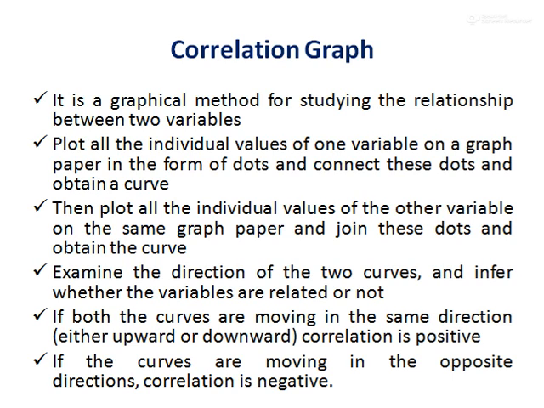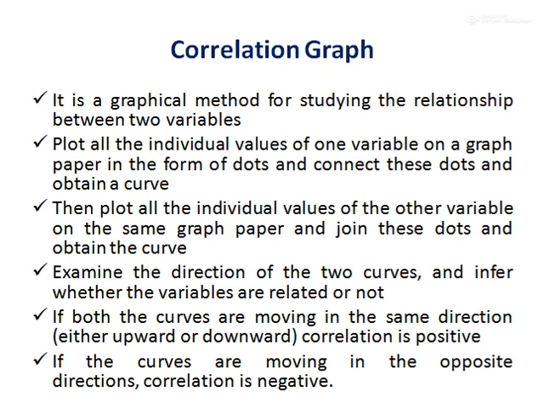Then we examine the direction of the movement of the two curves. Based on the direction of the two curves, we can infer whether the variables are correlated or not. If both the curves are moving in the same direction, that is either upward or downward, there is positive correlation.